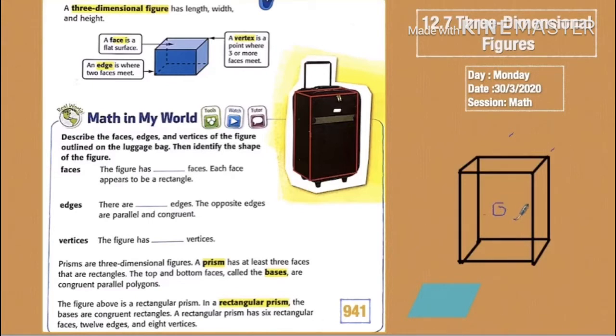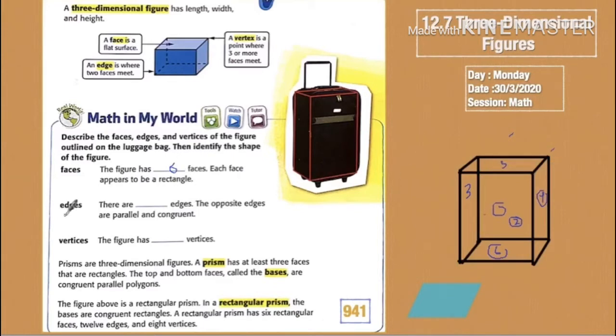Then we have the back of the suitcase, which is number 2. Then we have the left side, 3, right side, 4, the top, 5, and the bottom side, which is 6. So we have 6 faces. Each face appears to be a rectangle.